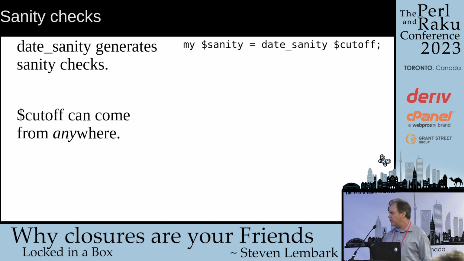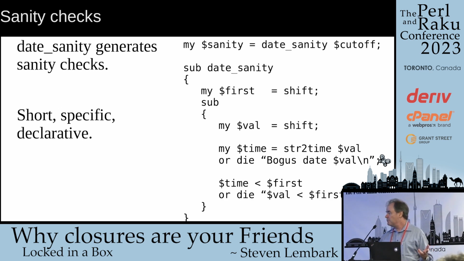At that point, I might have code, let's say I'm doing dates, I might have a date sanity closure generator that generates sanity checks for dates. This stuff's obviously pretty trivial because it fits on the screen, but you get the idea. For whatever the value is, if I can parse it, if it's greater than whatever my cutoff is.